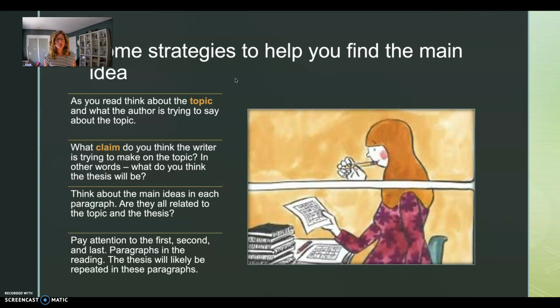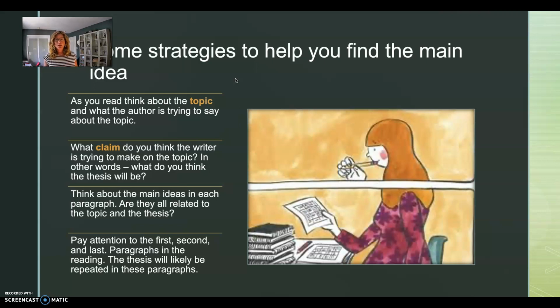What claim are they trying to make? In other words, you need to think, are they trying to persuade me about something? Are they giving me information? Are they arguing a certain direction on an issue? Are they comparing something? All of these, the different types of language in the thesis, should help you discover what they're talking about.